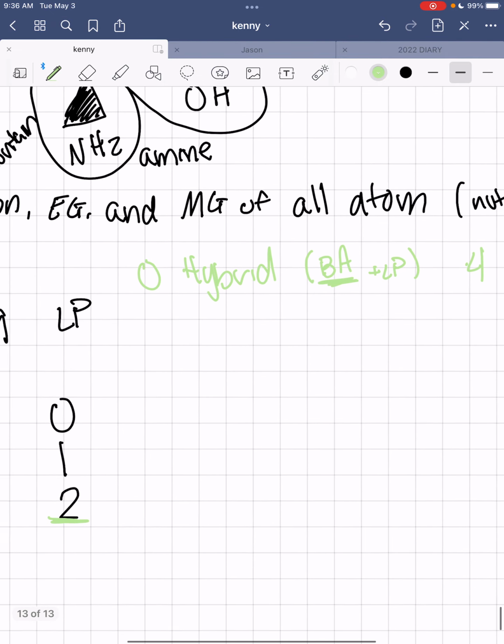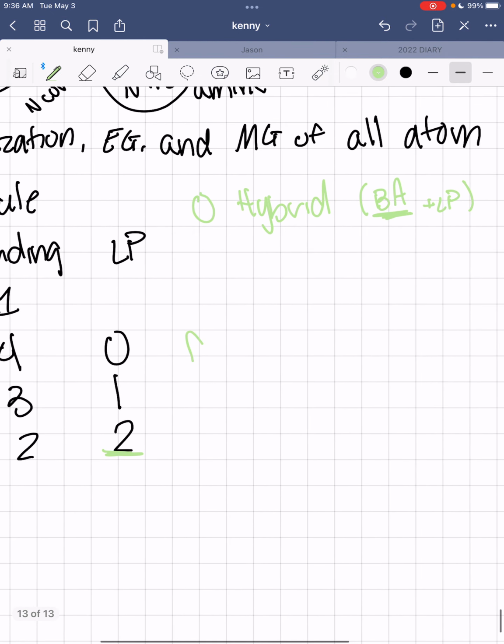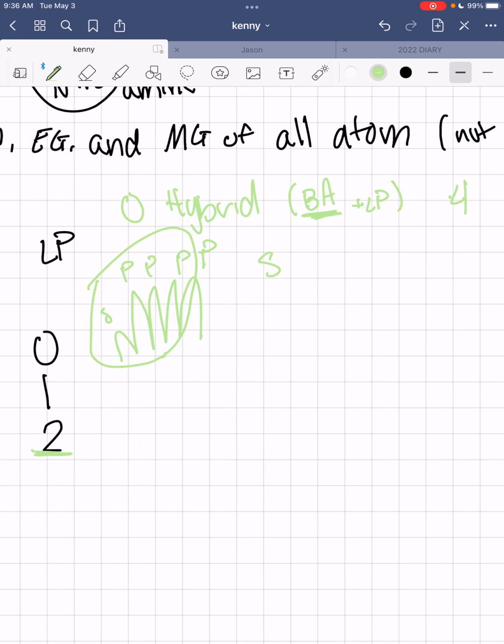For 4, you could use this finger trick where you draw a hand, S, P, P, P, and then you count 1, 2, 3, 4 fingers. So hybridization should be sp3: 1 S, 3 Ps.